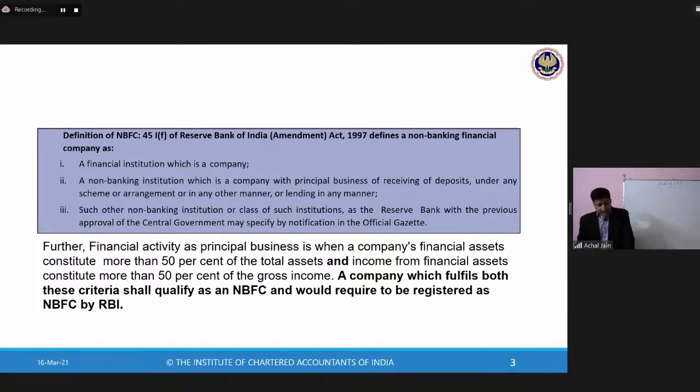It defines it as a financial institution, which is a company, a non-banking institution, which is a company, and which has its principal business of receiving deposits or lending in any manner, or such other non-banking institution or class of such institutions as the bank may specify with the previous approval of the central government.